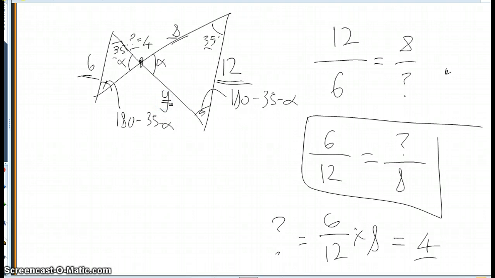Can anyone tell me the length of y? Look where it is. It's on the big triangle. Scale factor's 2.